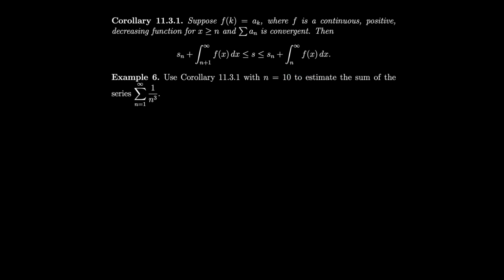So as an example of that, we'll estimate the sum of 1 over n cubed with n equals 10 using this corollary. So we have s10 plus the integral from n plus 1 to infinity, so that's 11 to infinity of 1 over x cubed dx. That must be less than or equal to the actual sum of the series, which is less than or equal to s10 plus the integral from 10 to infinity of 1 over x cubed.